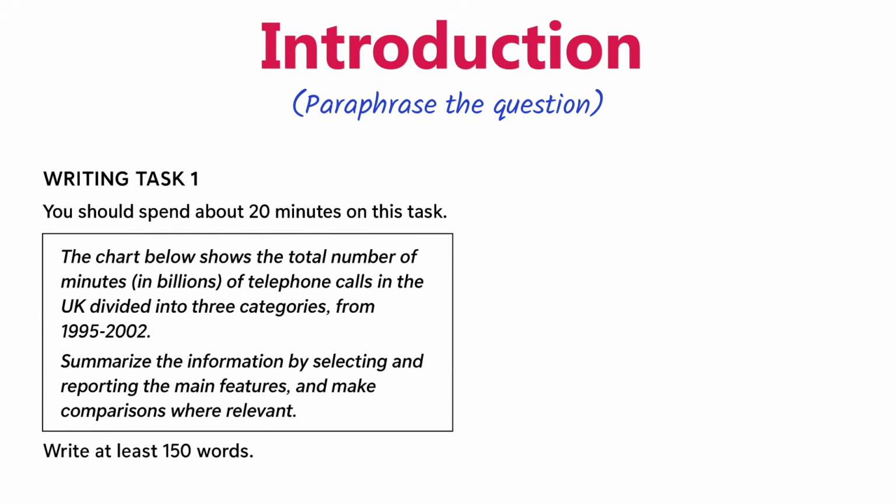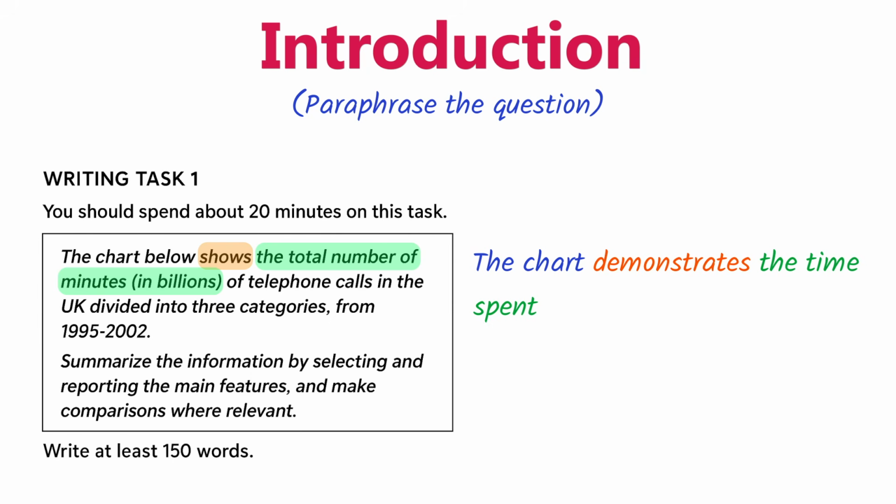And as you can see here, first of all, we read the question again, and we just figure out what kind of changes we can have on this question. So, the chart below shows. The first thing we do is we change the verb. So instead of shows, we can write demonstrates. That's it. So the chart demonstrates the total number of minutes in billions. So we can change it. Instead of, let's say, writing total number of minutes in billions, we can write time spent.